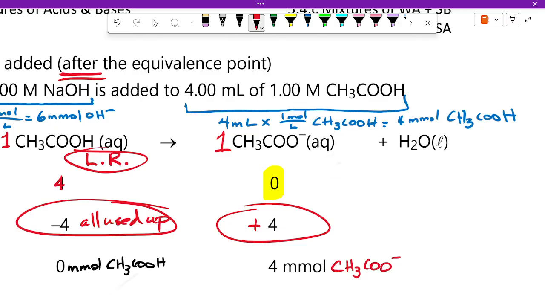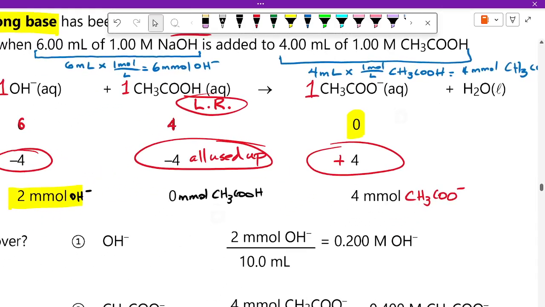So what have we got in our solution right now? We have 2 millimoles of strong base. We have 4 millimoles of weak base. This is going to be basic, yes?